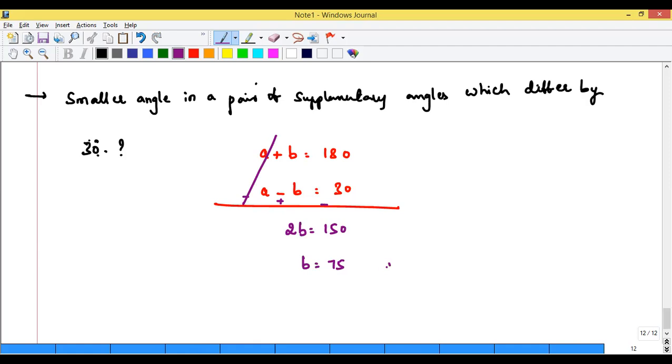What is A actually? 105. How much do they differ by? What is the difference between 105 and 75? 30 degrees. And what are they? They are supplementary angles. How do you say that they are supplementary angles? You say two angles are supplementary if their sum is 180 degrees. Is that clear?